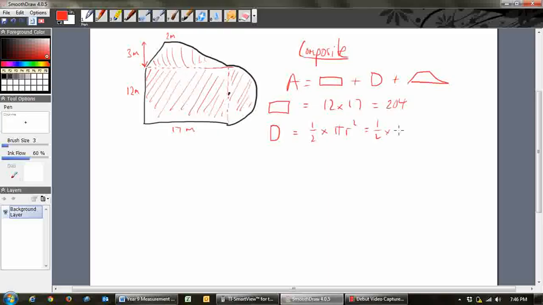Now what's the radius of this circle here? Well, the diameter is 12, so the radius will be half of 12, so that will be 6. Half of pi r squared is equal to half times pi times 6 squared.